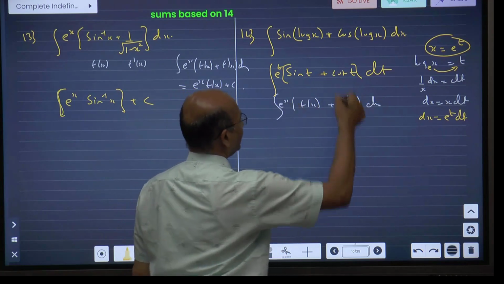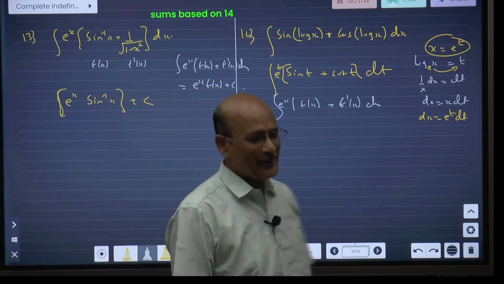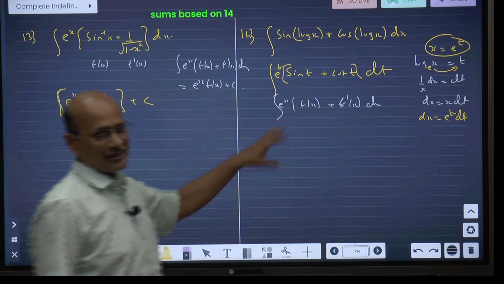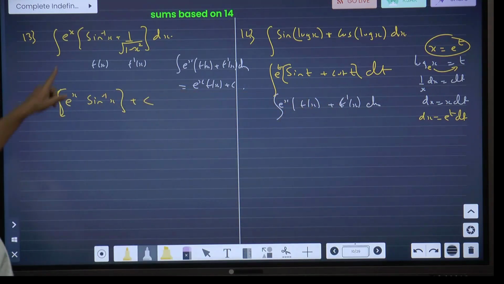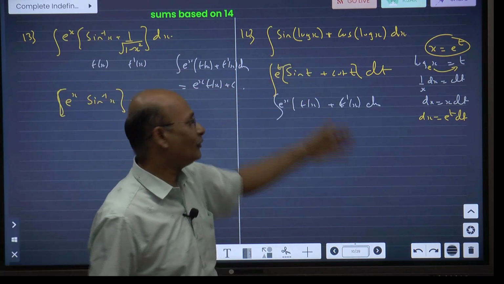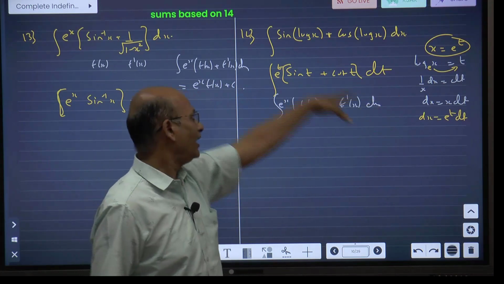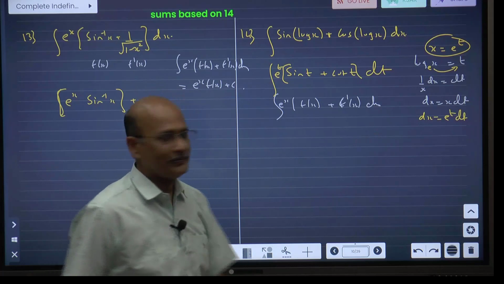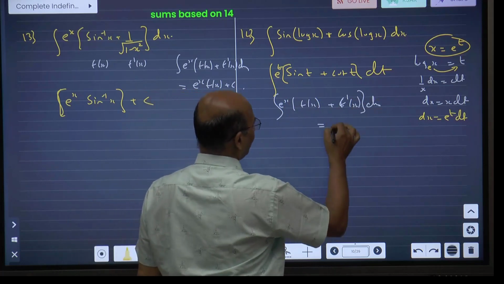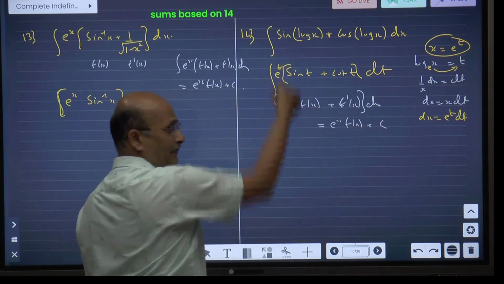Be careful about this category of sum, especially with log. The teacher will never give you this direct sum; they always try to confuse you, but with a small application of mind, this sum falls down like nine pins. So tell the teacher the e raised to x, f x plus f dash x format is there, therefore the answer is e raised to x f x plus C.